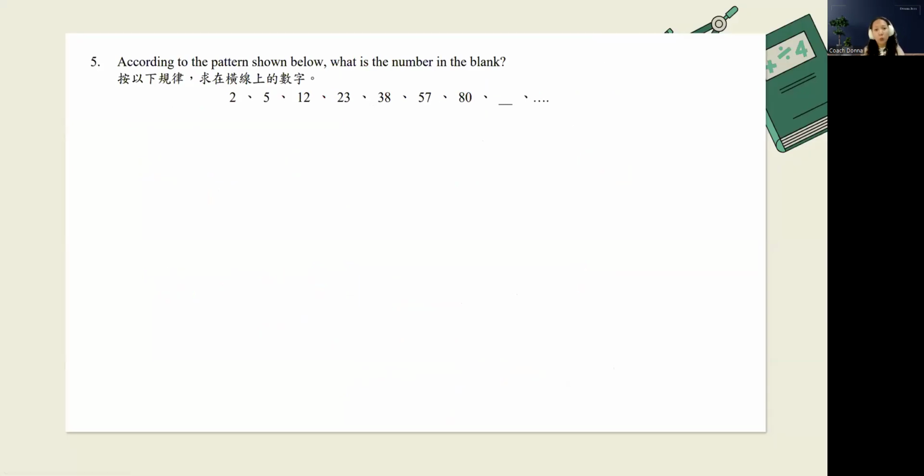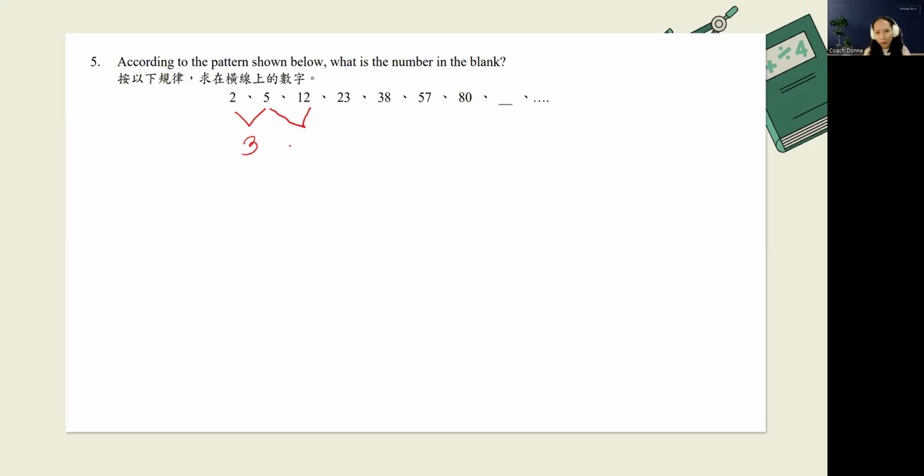According to the pattern shown below, what is the number in the blank? If you have questions like this, identify the pattern first. How can I get from the first number to the next? From 2 going to 5 and from 5 going to 12, how are we going to do that? To get to 5, you'll have to add 3.